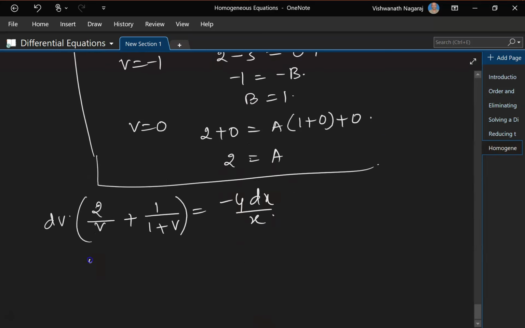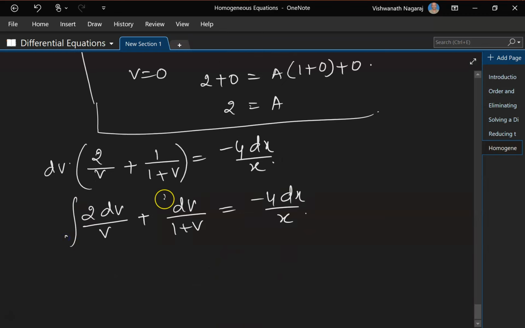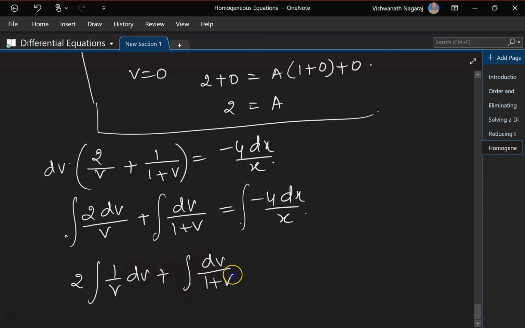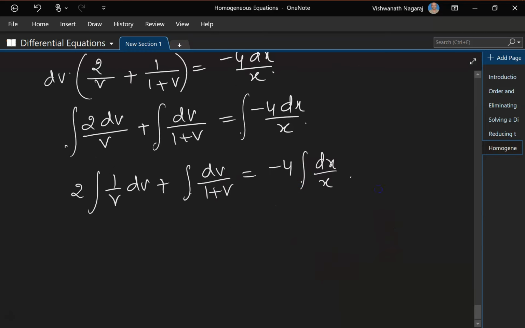Okay, so which means we can write it as 2 dv by v plus dv by (1 plus v) is equal to minus 4 dx by x. Okay, now we can integrate all of them. So 2 comes out, we are left with 1 by v dv, plus, nothing, it remains as it is, dv by (1 plus v) is equal to minus 4 dx by x.